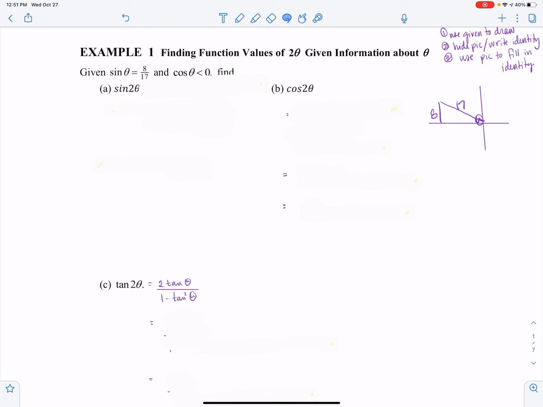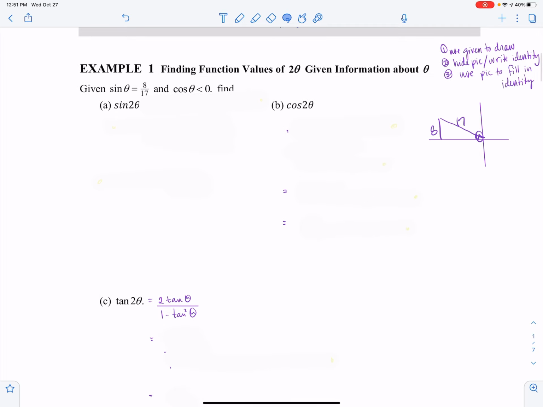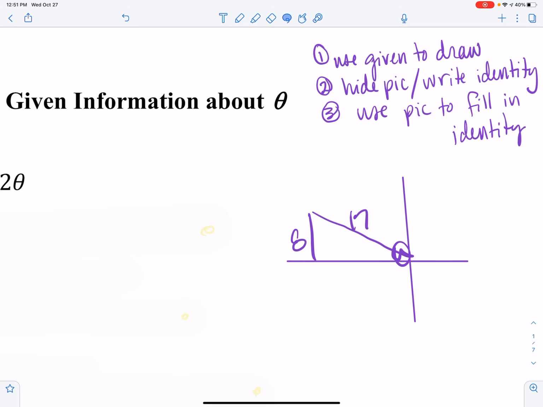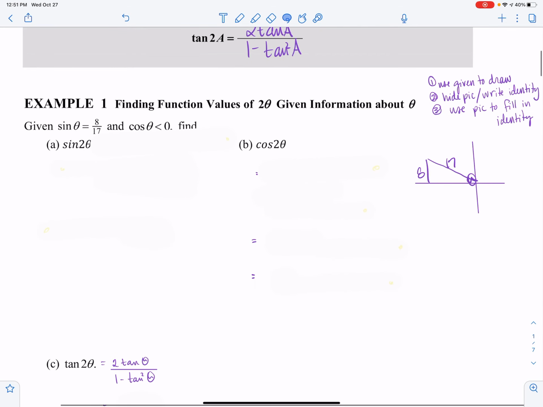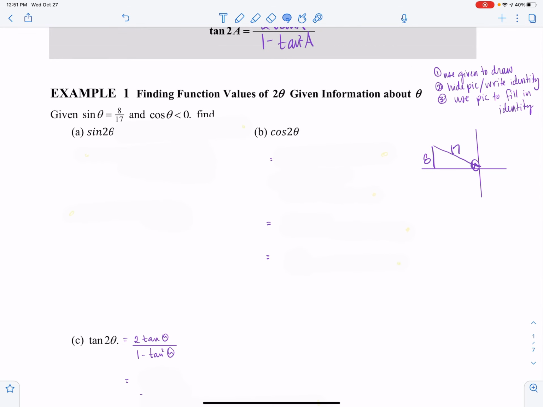So for this first example, I've given you a little bit of a tip list here. You want to use your given information to draw the picture first. You'll notice that cosine is negative and sine is positive. That leads me to say that my triangle is going to be in quadrant 2.